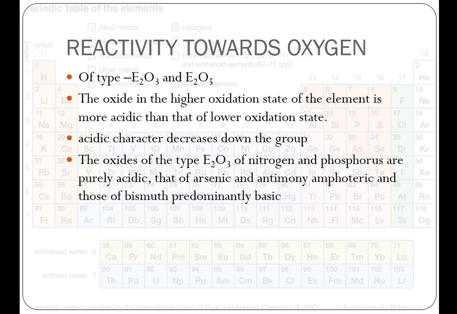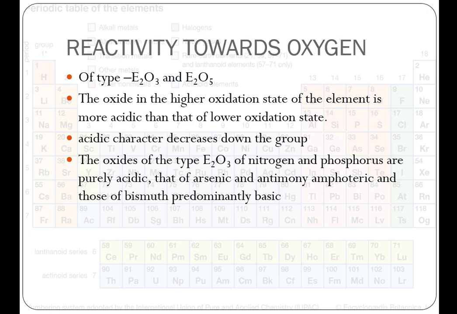Reactivity towards oxygen. All these elements form two types of oxides, E2O3 and E2O5. The oxide in higher oxidation state of the element is more acidic than that of lower oxidation state.